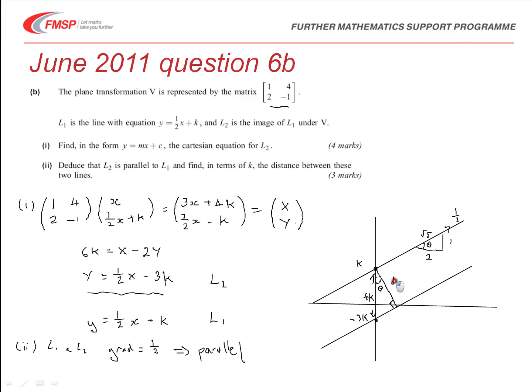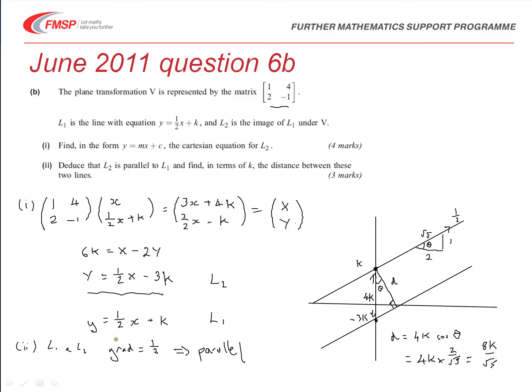So the distance that we require between these two lines, d, will be equal to 4k multiplied by the cosine of theta, which will be equal to, well, from this triangle, adjacent is 2, hypotenuse is root 5, so this is going to be multiplied by 2 over root 5, which gives us an answer of 8k over root 5.